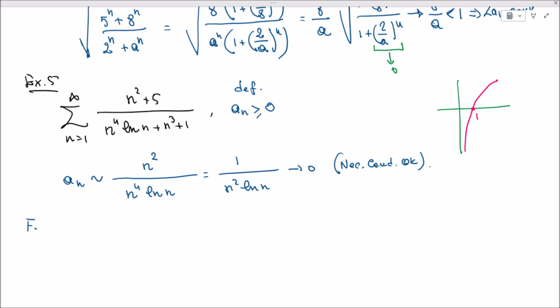So let's be formal and apply the asymptotic comparison with Bn equal to 1 over n squared logarithm of n. We are within the condition for the applicability of the asymptotic comparison, because an is larger than or equal to 0, and bn is strictly larger than 0.